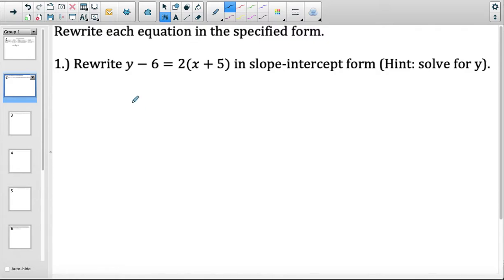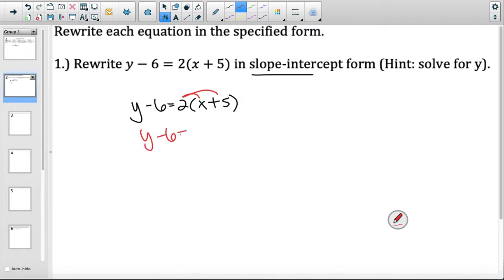So you're going to write down this example on your paper. Y minus 6 equals 2 times the quantity x plus 5. We're being asked to convert this to slope-intercept form. We've already done this, so let's take a look. Remember, slope-intercept, we need y all by itself. Well, let's get rid of these parentheses by distributing the 2 times x and 2 times 5.